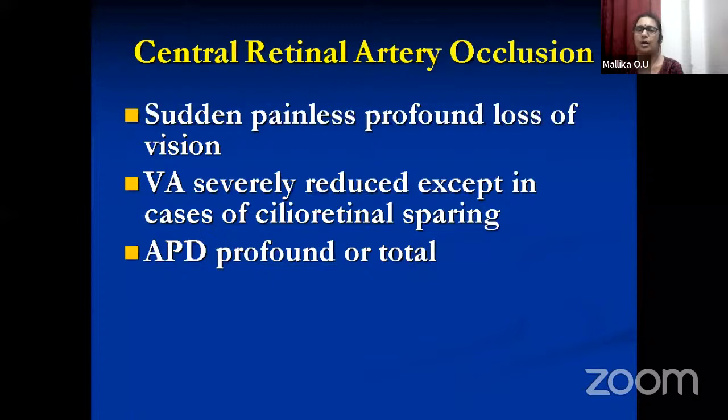There is a small artery in 20% of patients which supplies the macula. That blood vessel comes from the short posterior ciliary artery. That is called a cilioretinal artery. So if the patient has a cilioretinal artery and develops a central retinal artery occlusion, the cilioretinal artery is spared and the patient can have a central tubular vision.